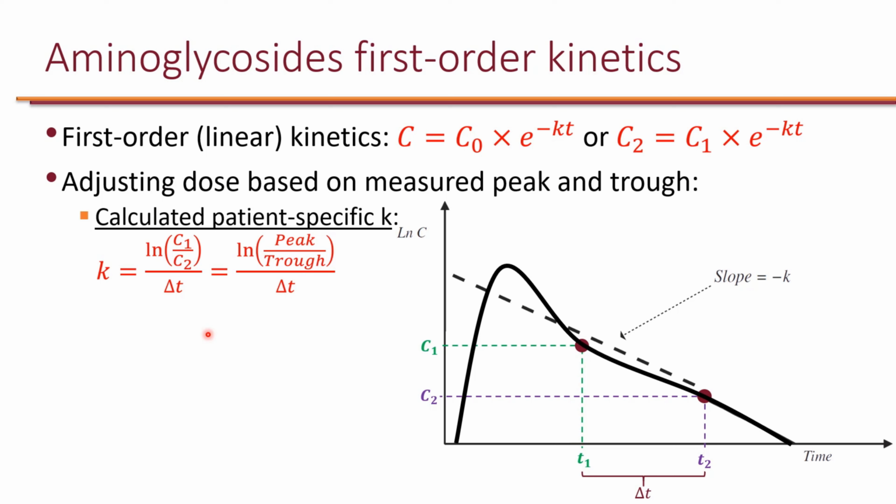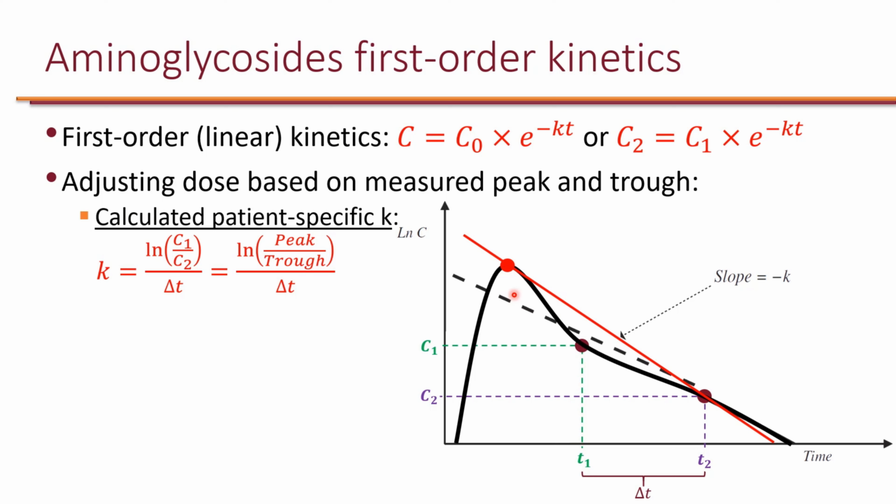Now keep in mind that the first level, C1, has to be at least 30 minutes after the end of infusion, because at the end of infusion you have your actual peak. But if you actually measure the peak at the end of your infusion, then you end up with the wrong slope. For example, if you use this as your peak, and then the C2 concentration, and you calculate the slope, you can see that the slope is very different.